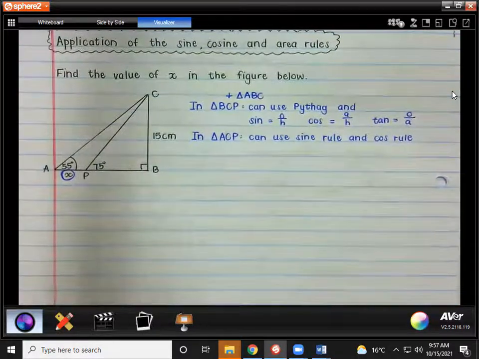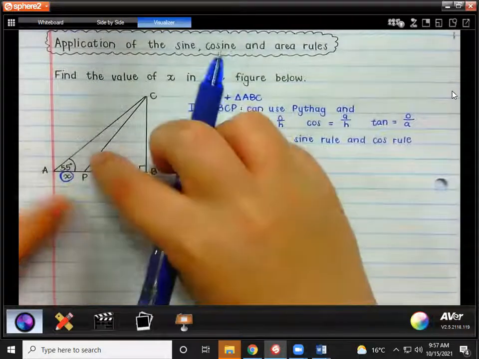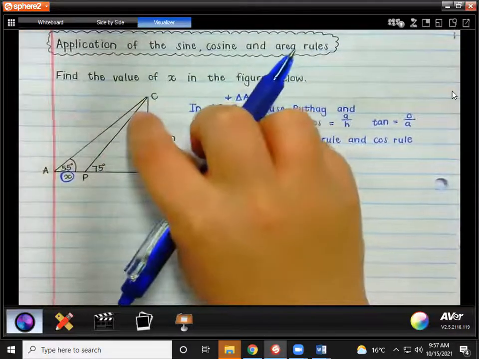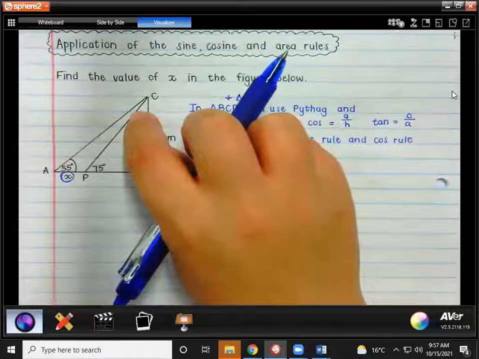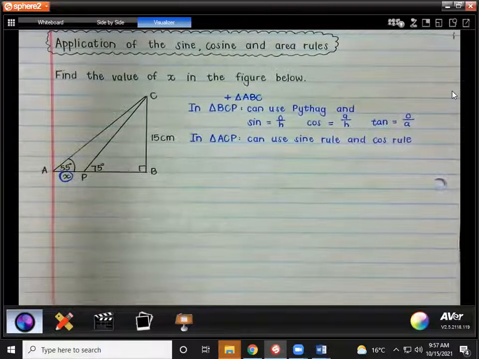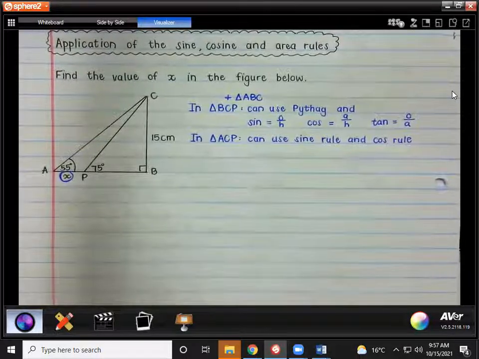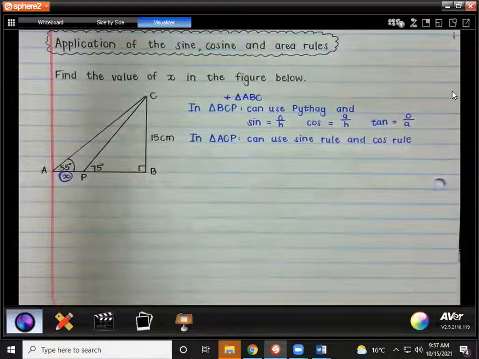If we want to use cosine rule to find a side, what do I need? The other two sides and the included angle. I can find the included angle, but I don't have any sides. So the bottom line here is that we're going to have to find at least one side before we can actually find x.